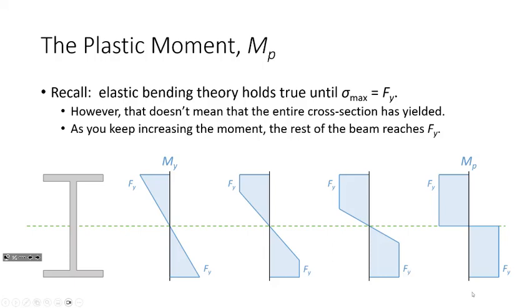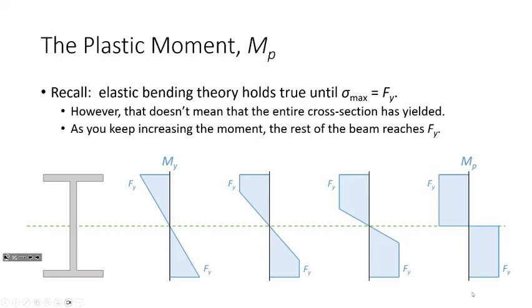And what will happen is that as we keep applying more and more moment, we will penetrate the cross-section with more yielding until we hit this. And this is when the entire cross-section has reached Fy. So the yield moment is only when the tips of the very top or the very bottom or both have reached Fy.